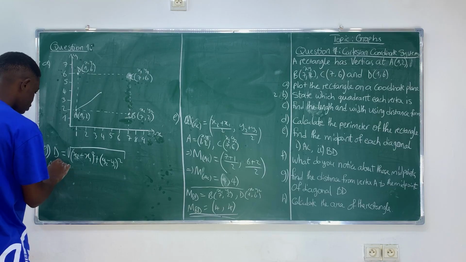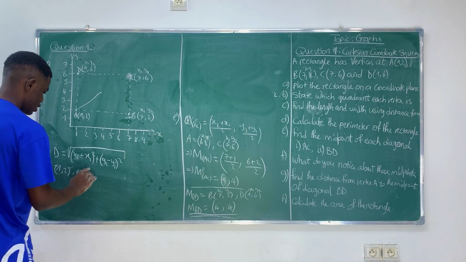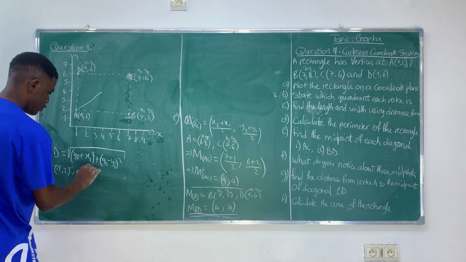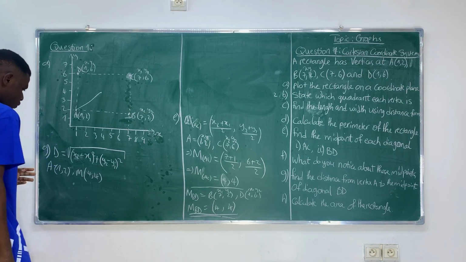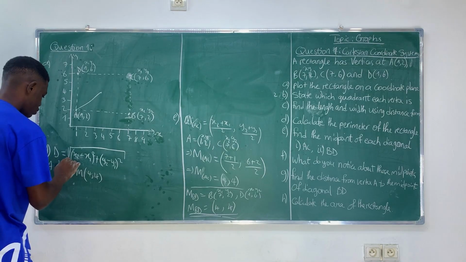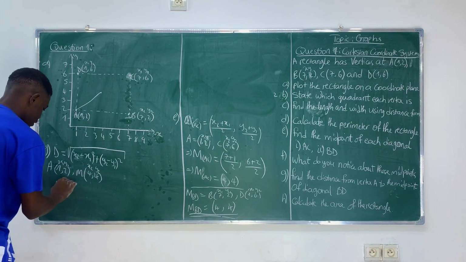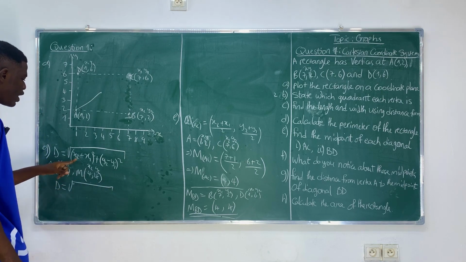So my A is (1, 2), and the midpoint is M, which is (4, 4). So to find the distance, this will be my x1, y1, this will be my x2 and y2. D is equal to the square root of x2 minus x1.